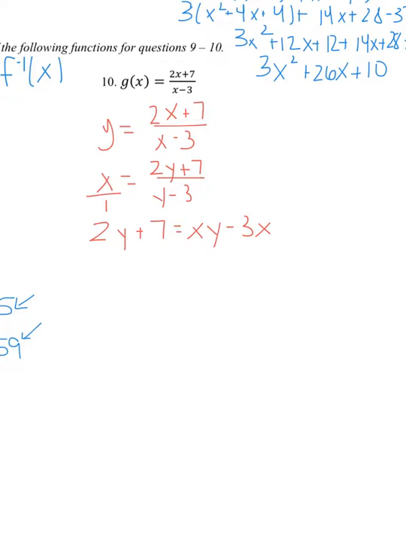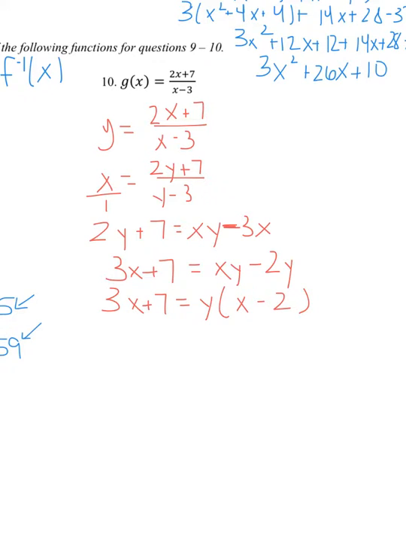So I am going to add this 3x to the other side, and I'm going to subtract the 2y over. So now I have 3x plus 7. It's a positive 3x because I added over since it was minus, equals xy minus 2y. Now, on the right side, I have 2 y's here. So I am going to take out a GCF of y, and I'm left with x minus 2.